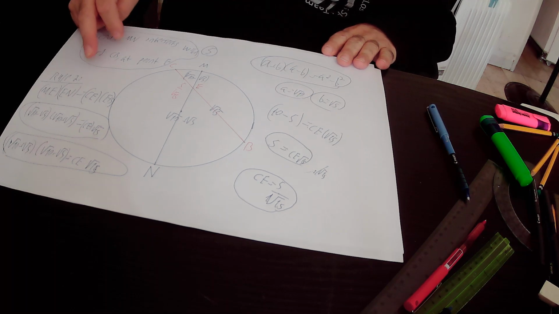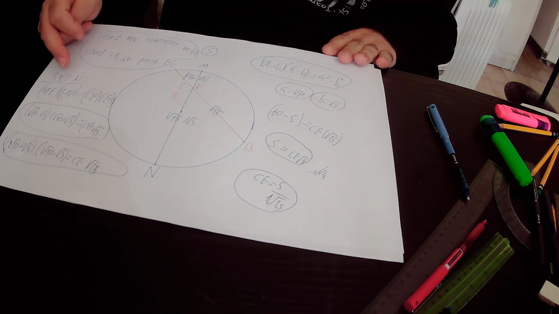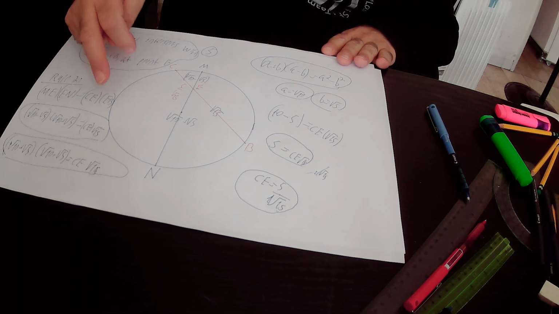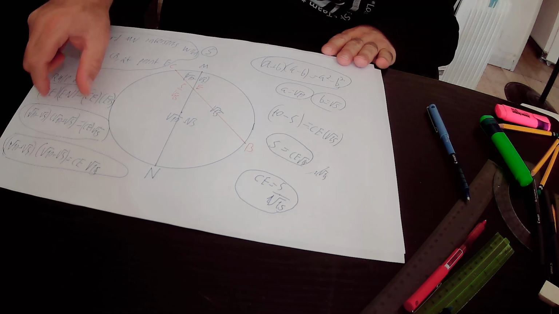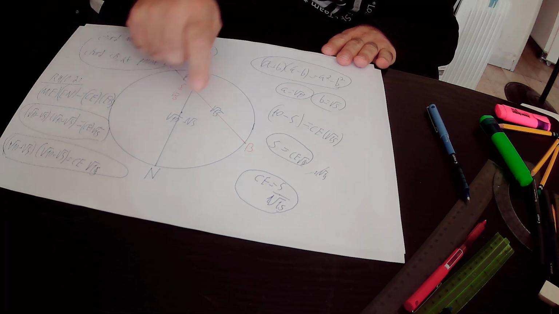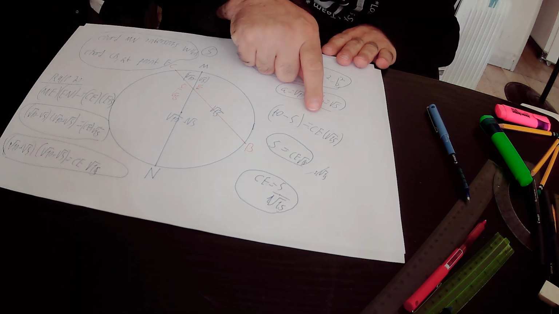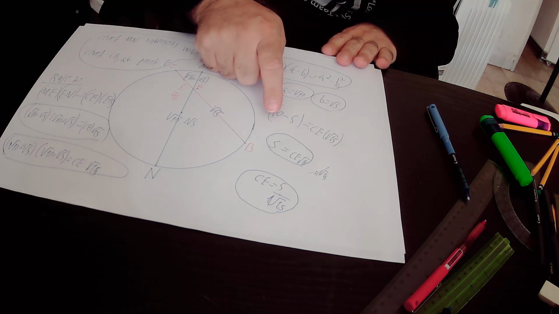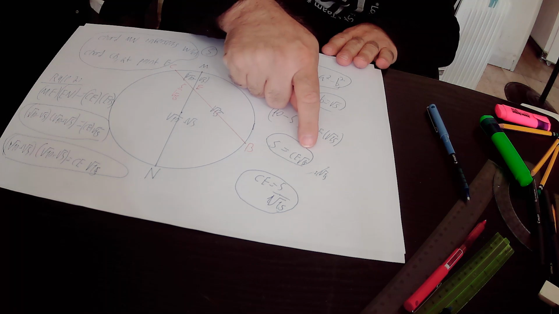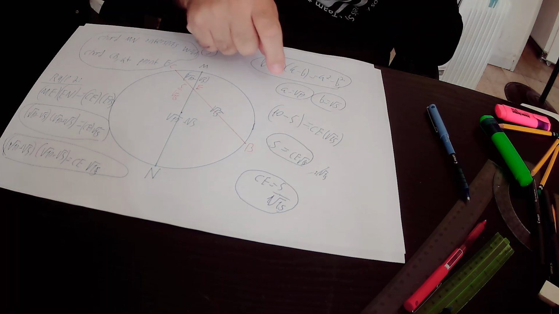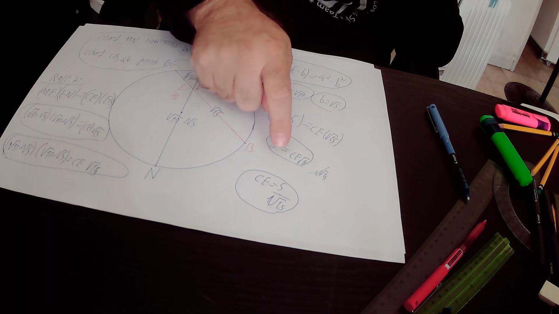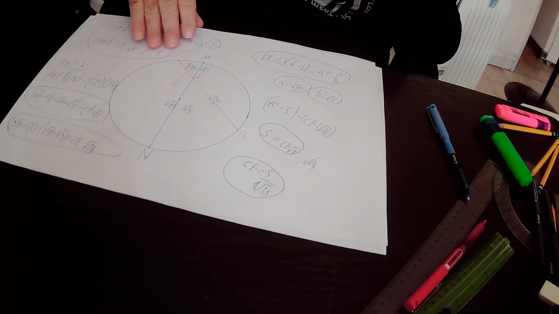And we have this equation that we found according to rule number 2: this expression equals CE times square root of 15. 10 minus 5 is 5, so in conclusion 5 equals CE times square root of 15. Here we divided this equation by square root of 15 and found that CE equals 5 over square root of 15.